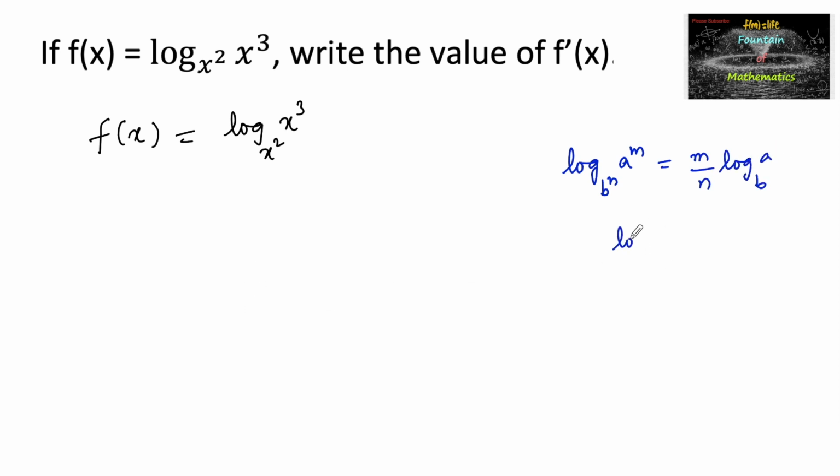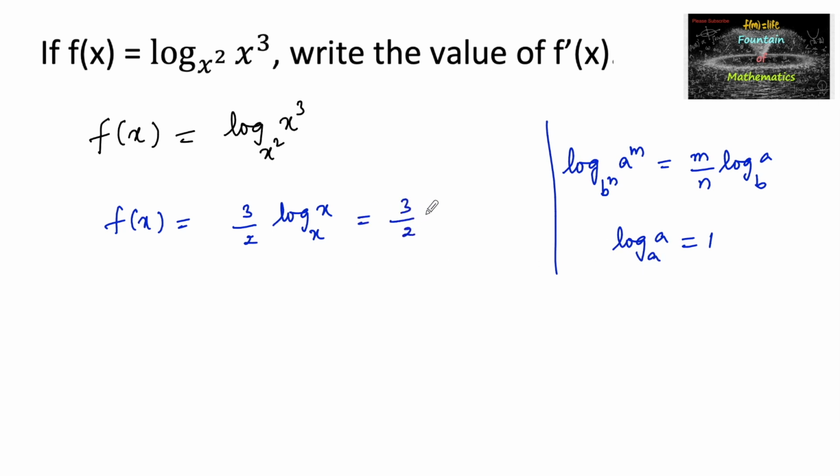And also log a to the base a is equal to 1. So we can consider f of x is equal to, by using the first property, 3 upon 2, we can write log x to the base x. And again by using the second property, we can write 3 by 2 into 1, that is 3 by 2.